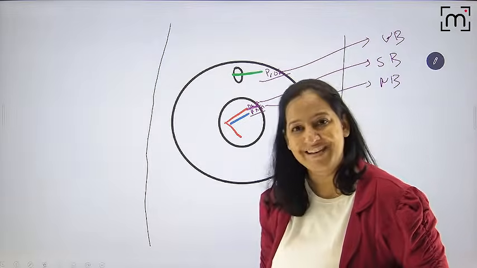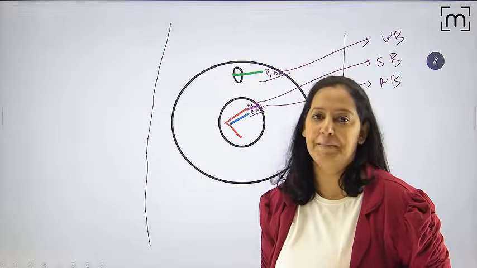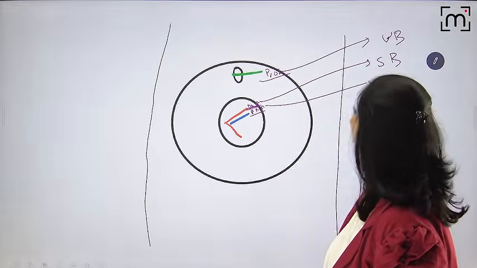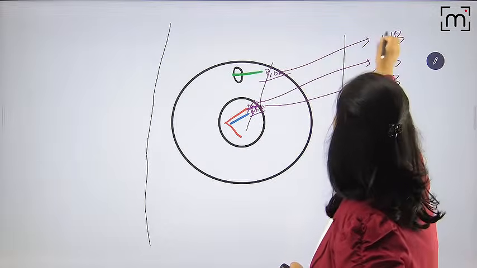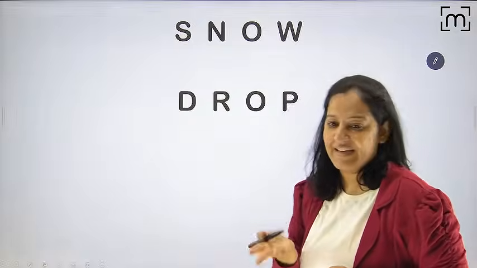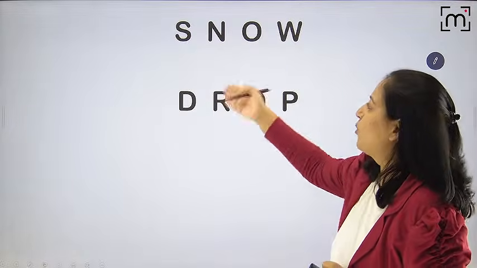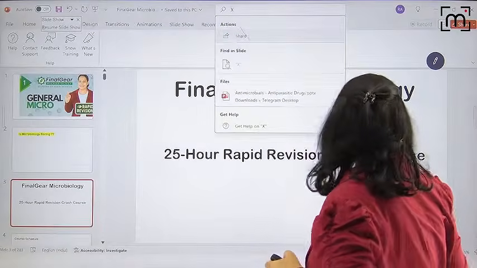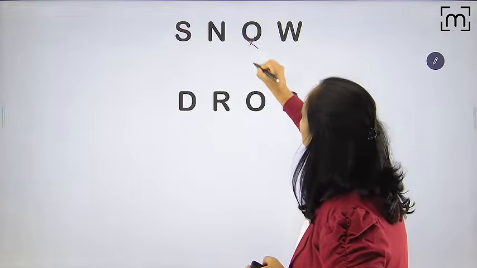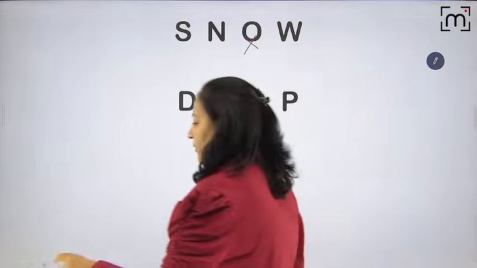How many of you got it? So there are 3 blots. How to learn that DNA is Southern, RNA is Northern, and protein is Western? I have an easy mnemonic: SNOWDROP. Write the spelling like this, omitting the O in both places.